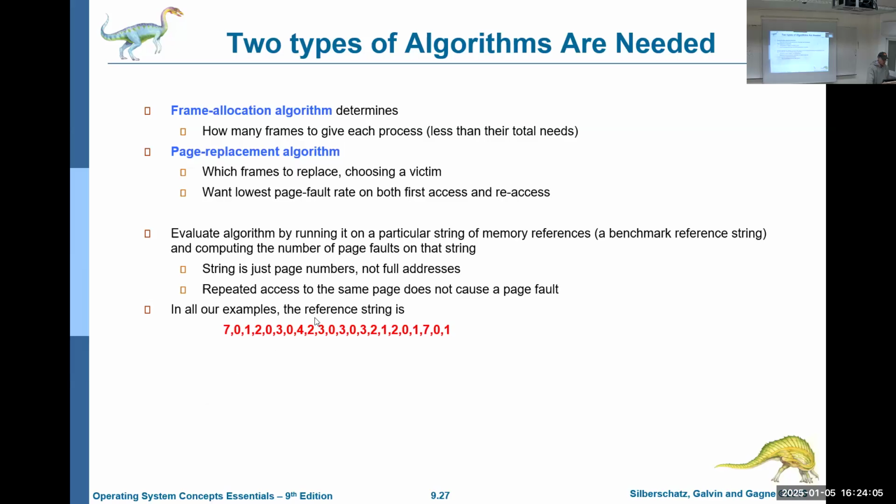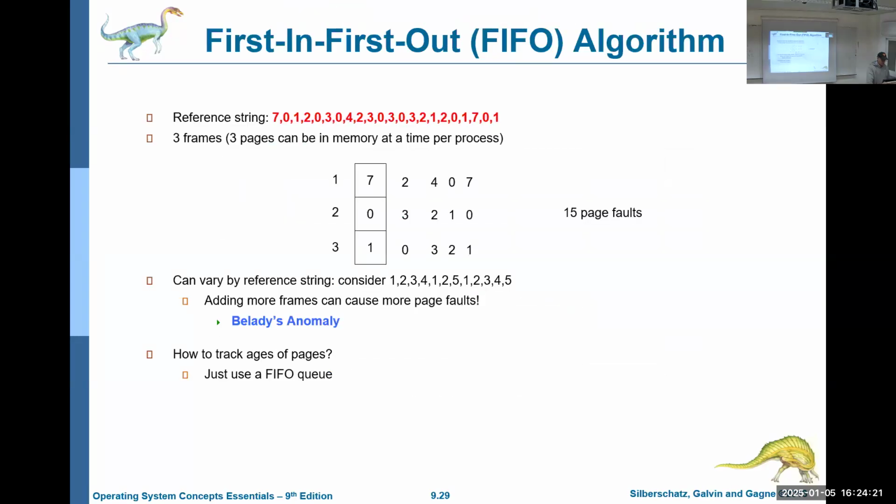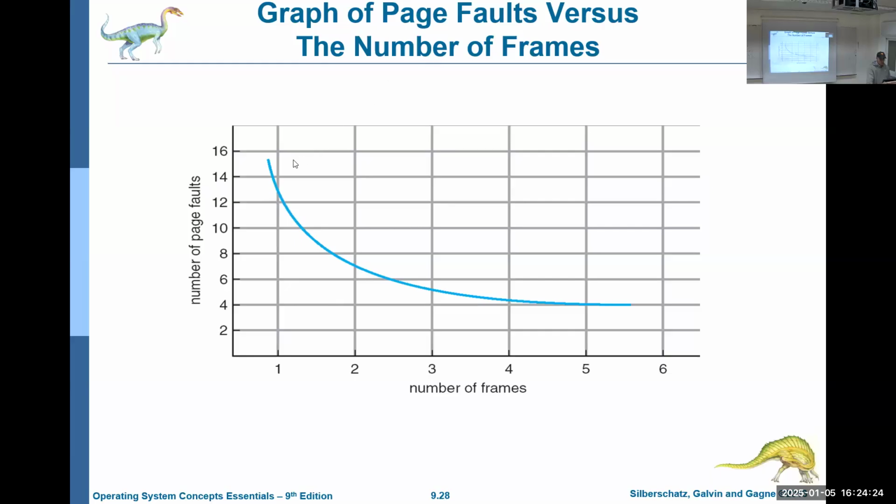In all our examples, the reference string will be the following: 7, 0, 1, 2, 0, etc. Now graph the page faults versus the number of frames. This is the graph the way you would expect it to look: if I have only one frame, I'll have a lot of page faults, 14 or 15.